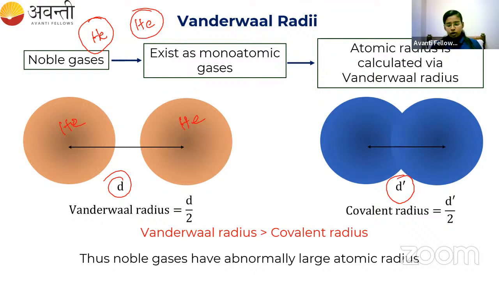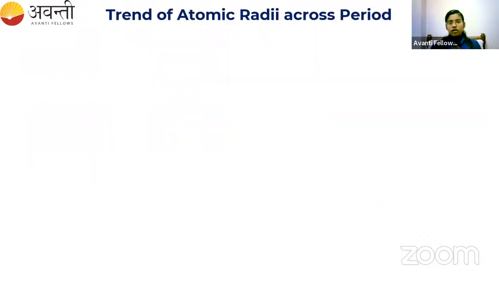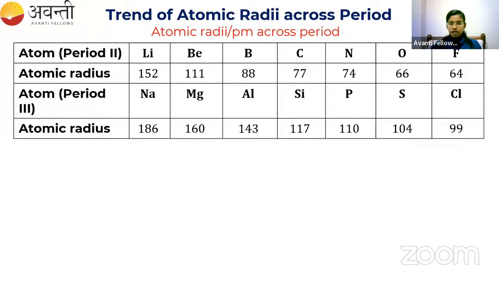Now, I am going to give you the trend of atomic radius across the period. In each physical property case, I will give you two trends. One is across the period and the other is on moving down the group. The first is the trend of atomic radius across the period. I will take two periods: period 2 and period 3.